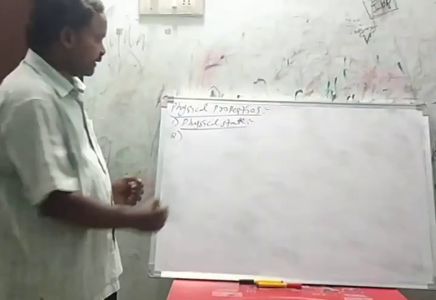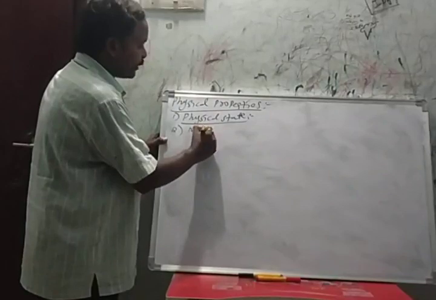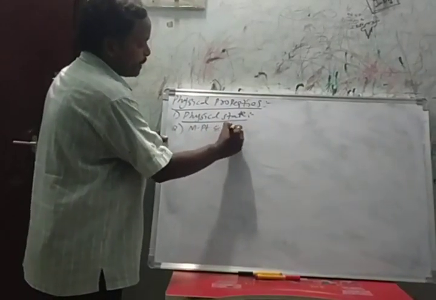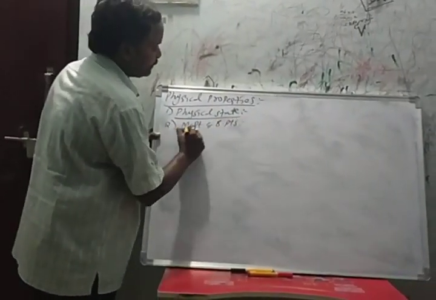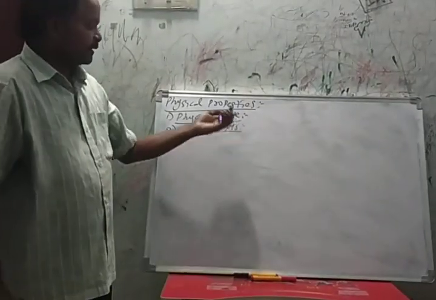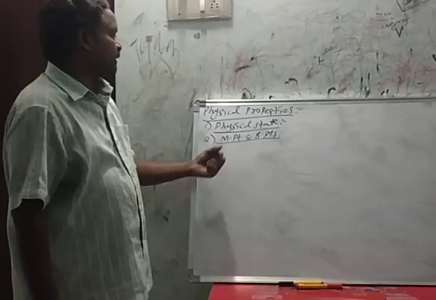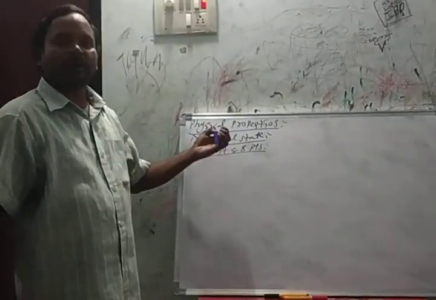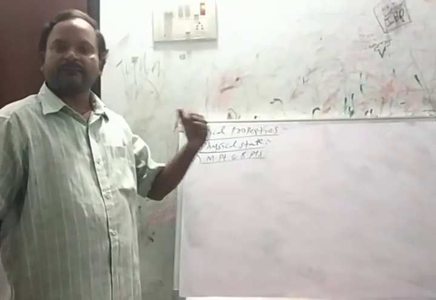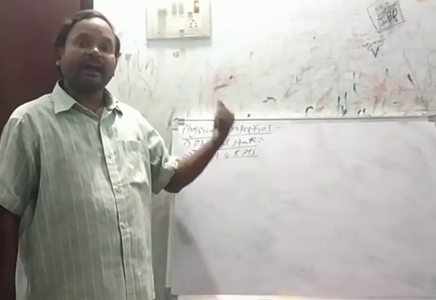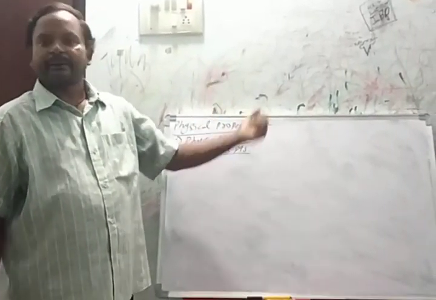Then in continuation we'll see the melting points and boiling points. Most of the alcohols are liquids, so we'll discuss boiling points here. Alcohols have a higher boiling point than the corresponding hydrocarbons.